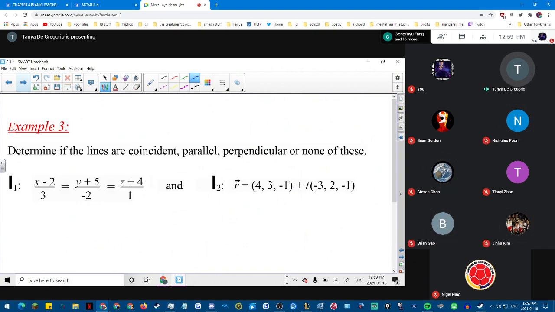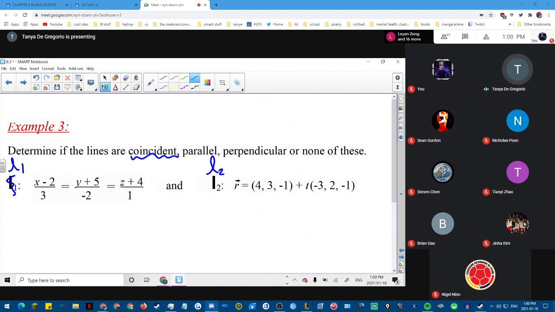Okay, example 3. So just so you guys know, here, it's a cursive L. Okay. All right. Determine if the lines are coincident, parallel, or perpendicular, or none of these. So what does coincident mean?